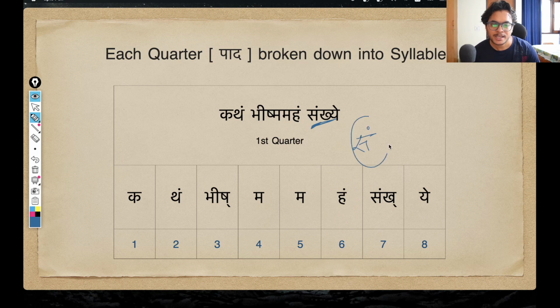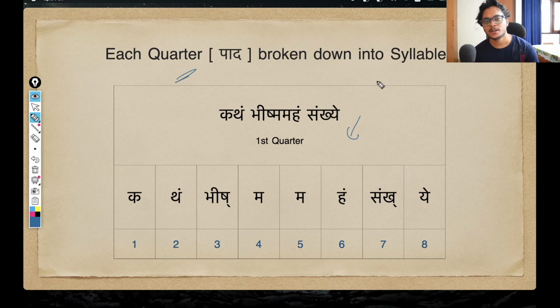You can just take this entity as a syllable, but if there is a following conjunct consonant, then you combine it with it. Along with the following conjunct consonant, you take this entire entity to be the syllable. So that becomes our seventh syllable, and in the end you have this Ye. That becomes our eighth syllable. So see, Ka, Tham, Bhish, Ma, Ma, Hum, Sank, Ye. These are the 8 syllables that we get from this first quarter.